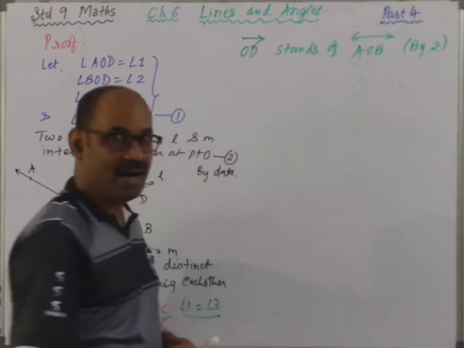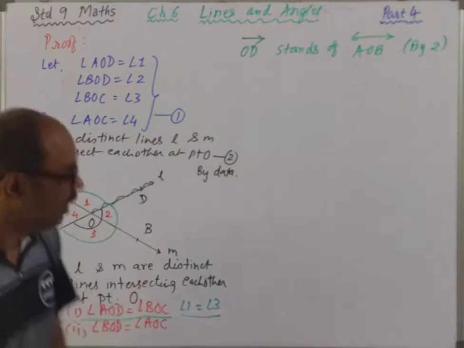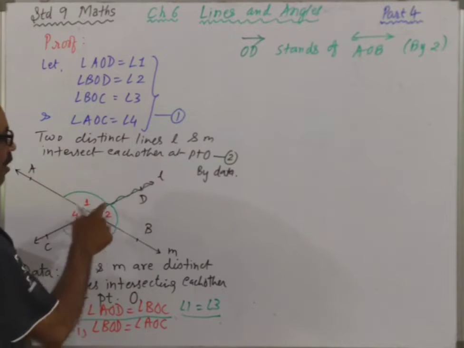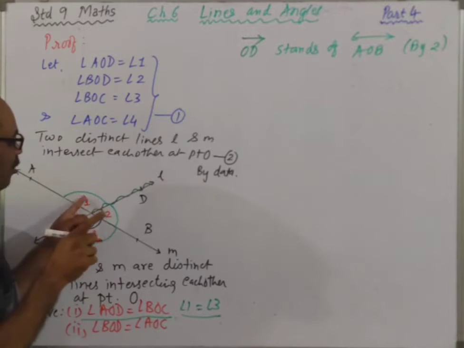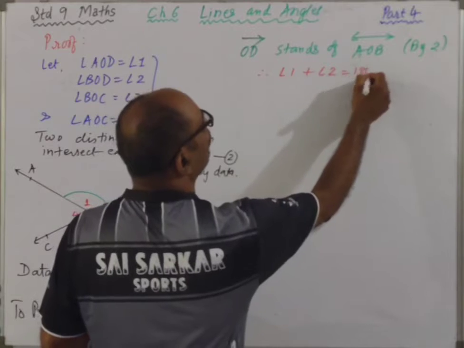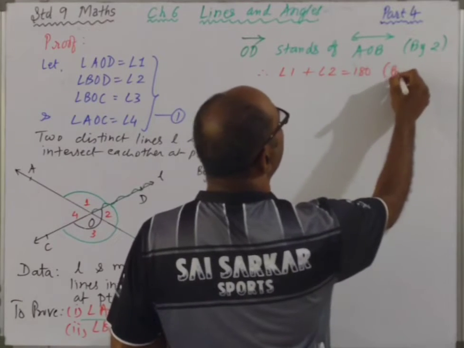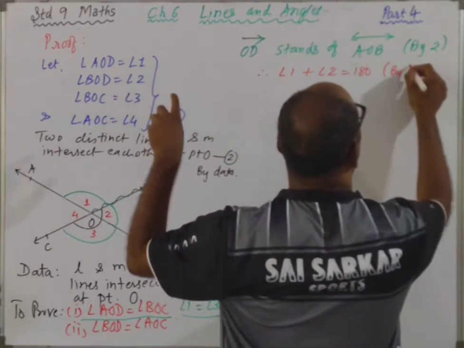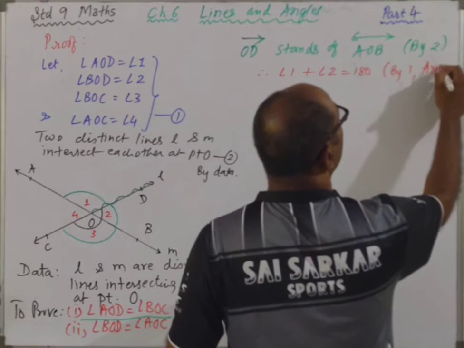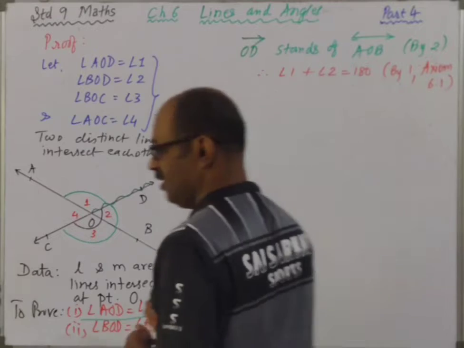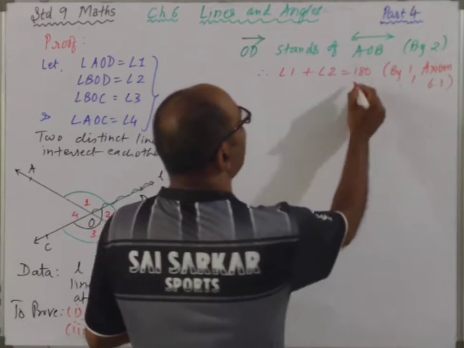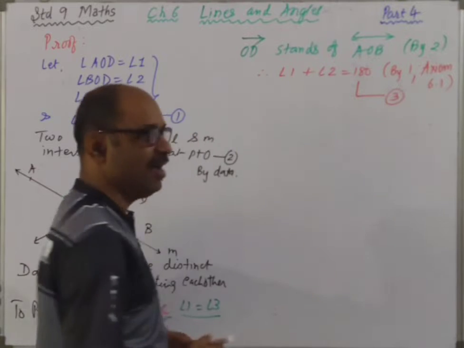Alright, okay. If it stands, then angle AOD plus angle BOD is 180. But I am going to write just the numbers. Therefore, angle 1 plus angle 2 is equal to 180. By 1, since you wrote the numbers from here, and you have also used Axiom 6.1. Correct? We used the axiom here. And I'm going to call this result number 3. Moving ahead.